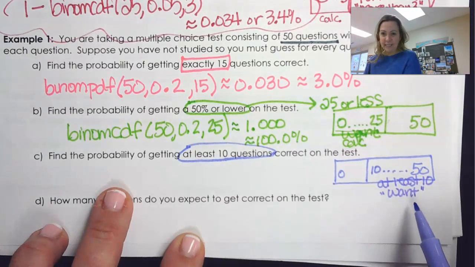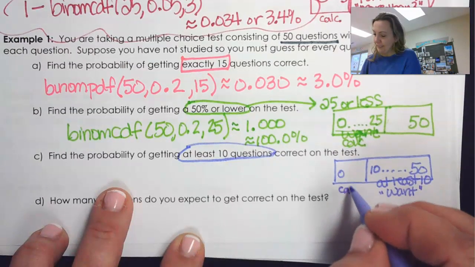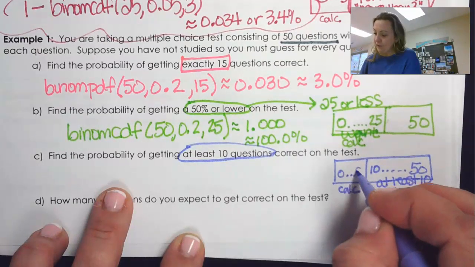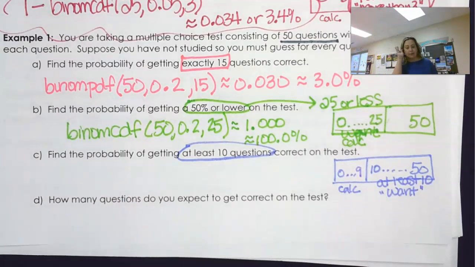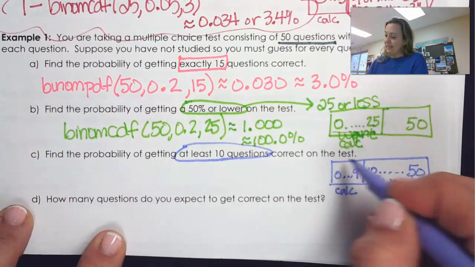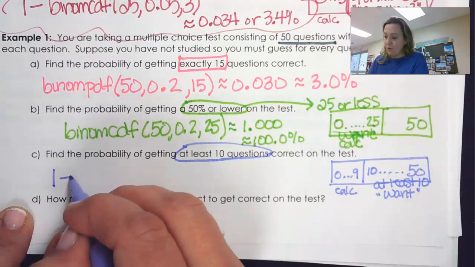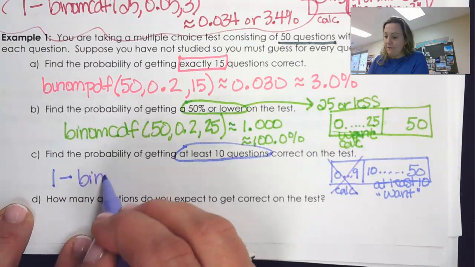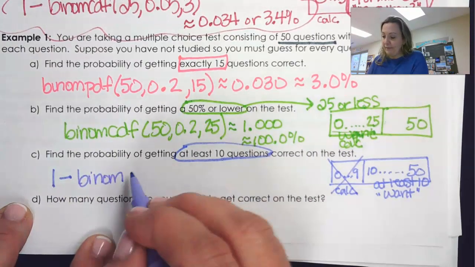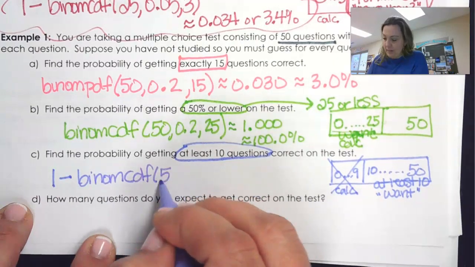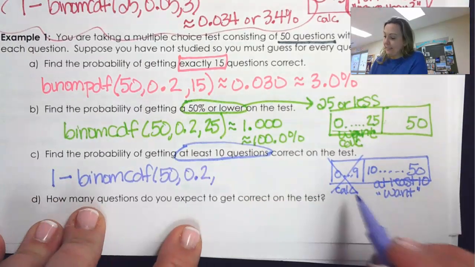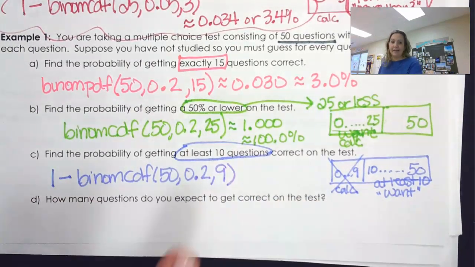But the calculator doesn't tell us that. The calculator only tells us this here. Well, if we want 10 or more, that means that the other side would have everything from 0 through 9. So we're going to take this one whole, and subtract off the binomial cumulative of 50 trials, 20% success, all the way up through 9.